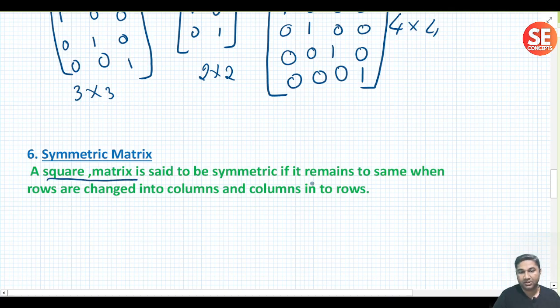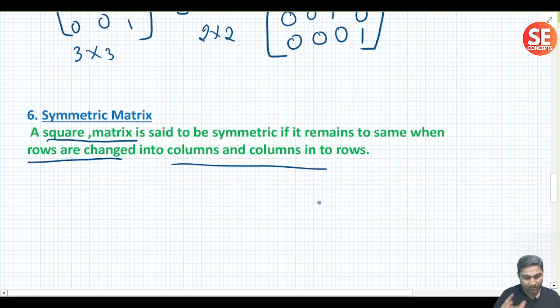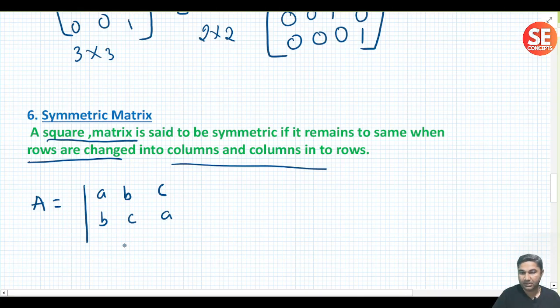It is symmetric when it remains the same when the rows are changed into columns and columns to rows. Let us say you have A is equal to A B C, B C A, C A B.